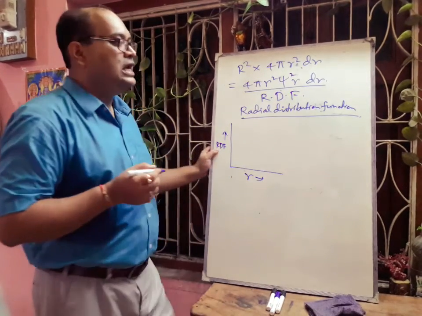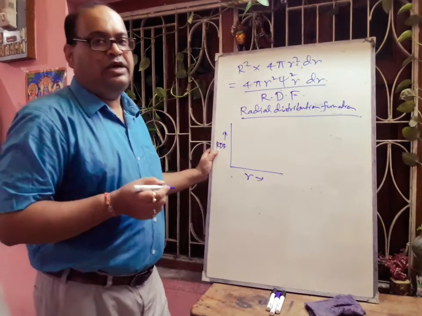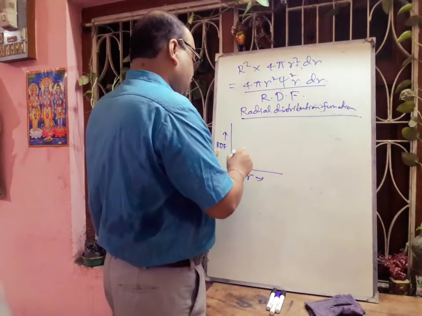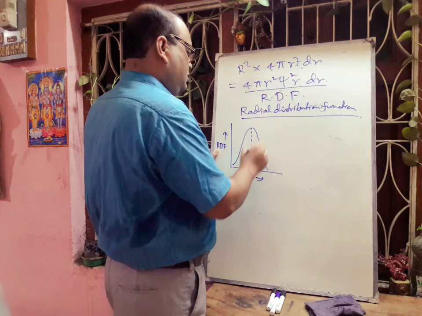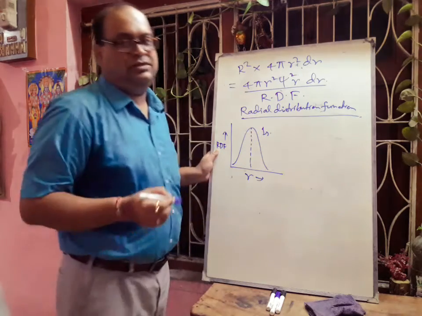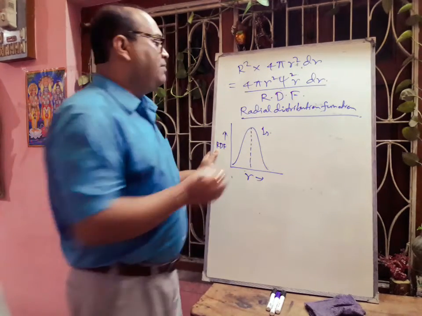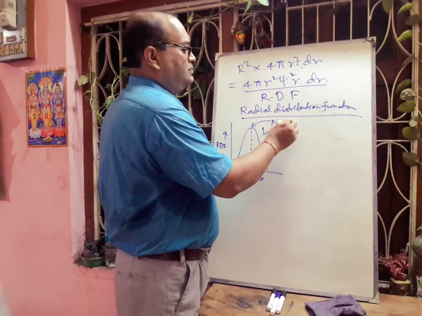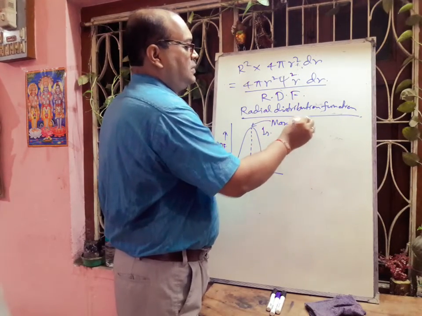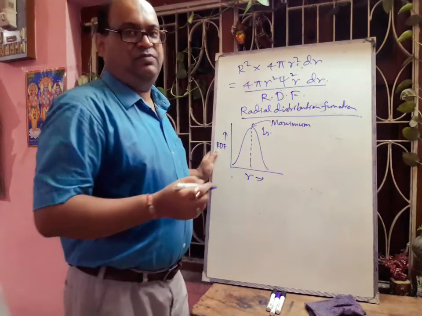RDF is the radial distribution function. So in case of 1s, we will get a curve like this. This is the maximum. So this is the 1s. So maximum probability density will be here. This is the maximum probability density.